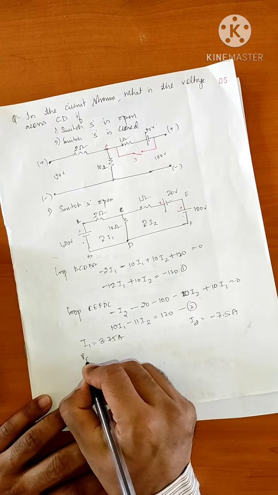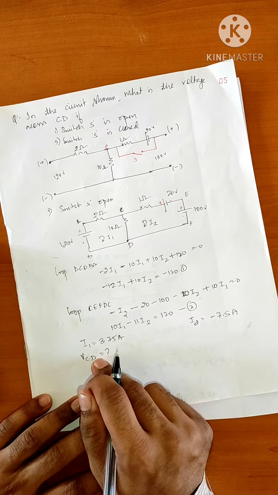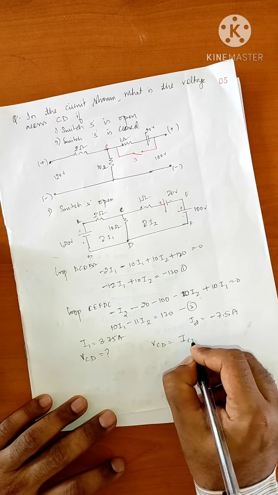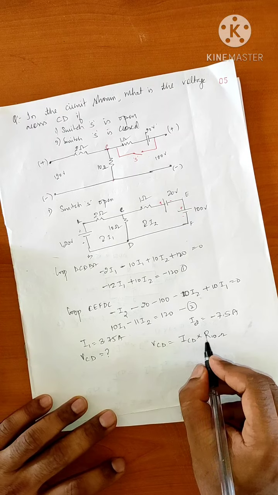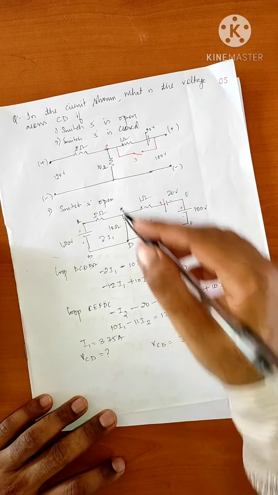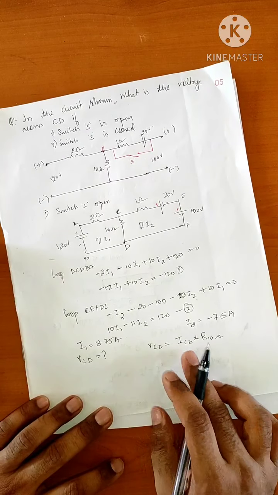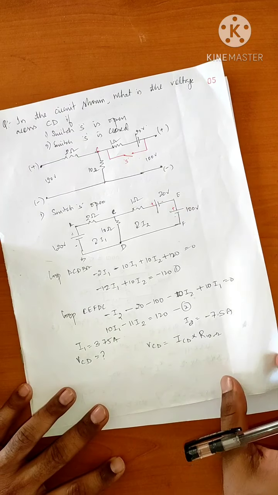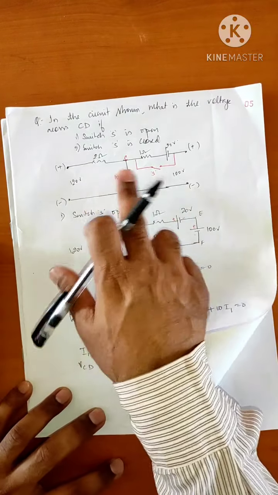Now we need to find the voltage across CD. In order to find it, I should have the formula ICD into R, 10 ohm. I know the value of this resistor, that is 10 ohm, but I need to find the current, then only I can find the voltage. This 10 ohm is shared by both the loops.